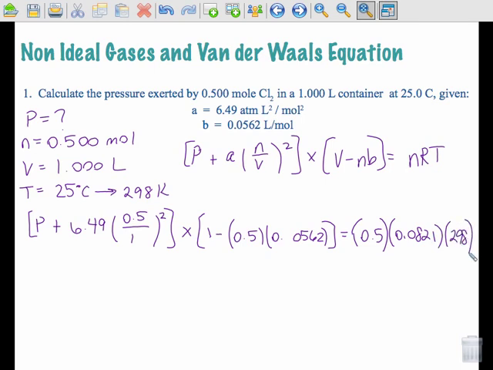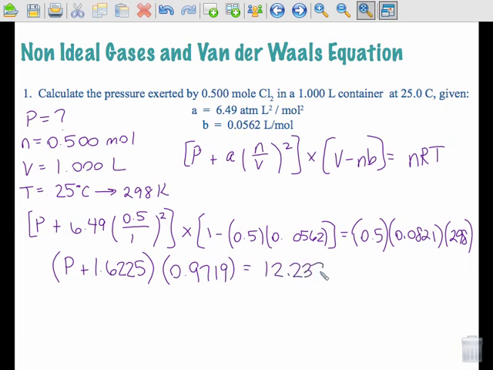So really it's just about keeping yourself organized. Then you're just going to start multiplying, dividing, subtracting, adding to kind of condense everything. So when we condense this the first time, it's just going to be P plus 0.16225. I take it to a lot of decimals just so that you don't have major rounding errors. 0.09719.